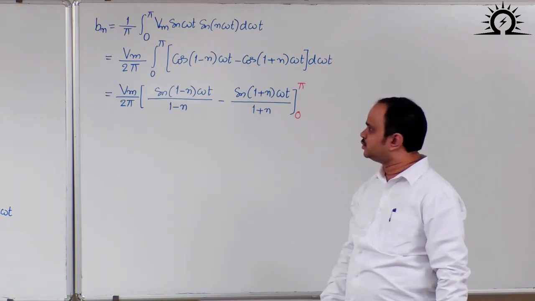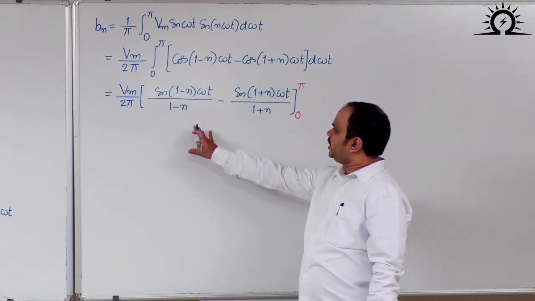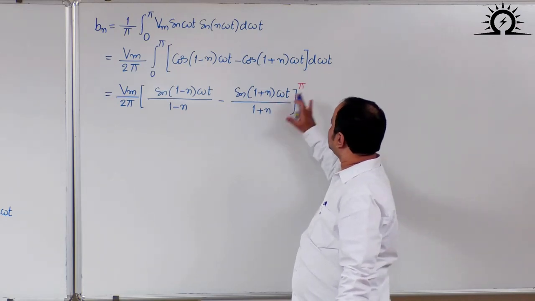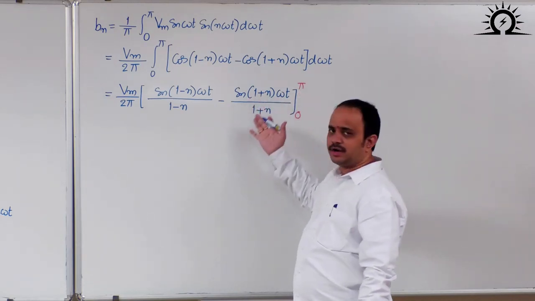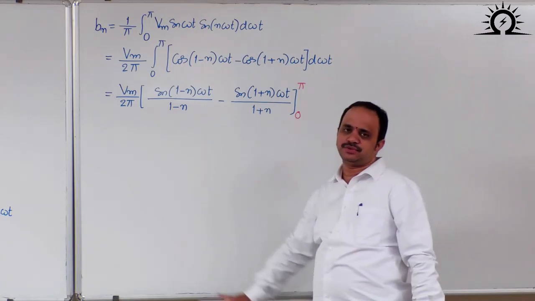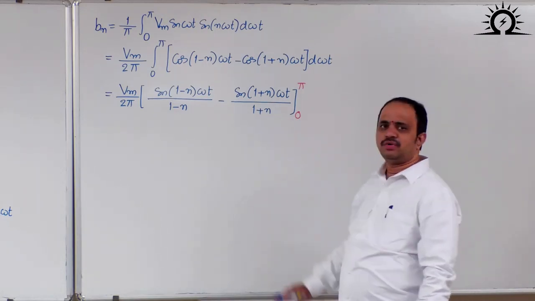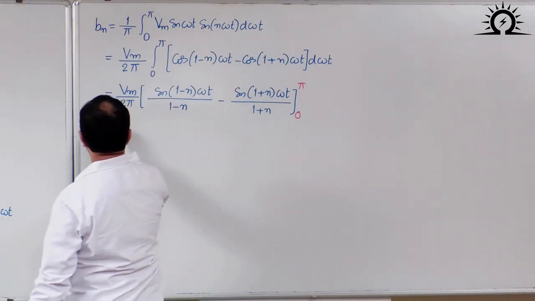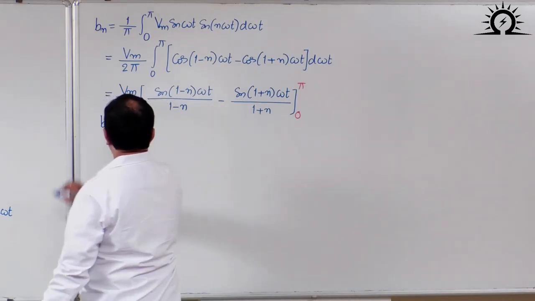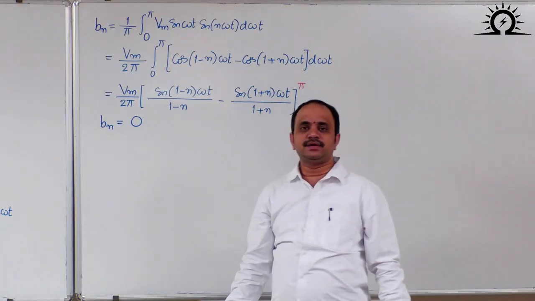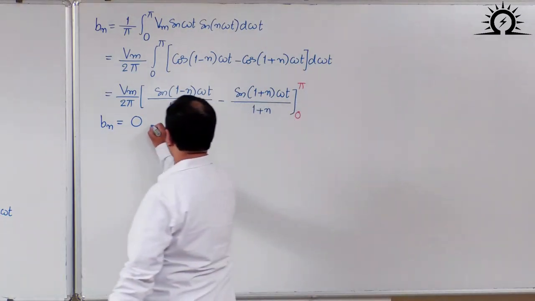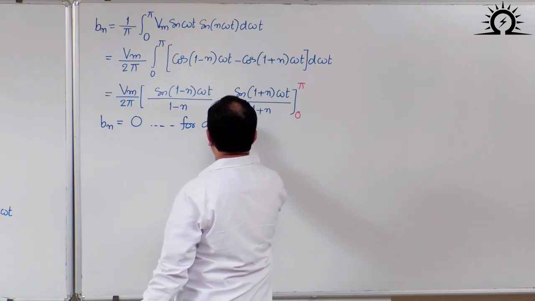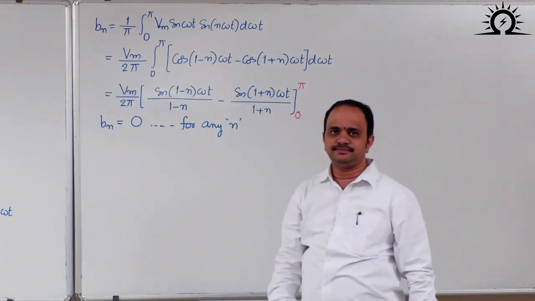Again, no need to expand this equation. Whether you substitute even pi or odd pi, sin of any pi will be 0, and sin 0 will also be 0. Therefore, we can write bn is equal to 0 for any value of n.